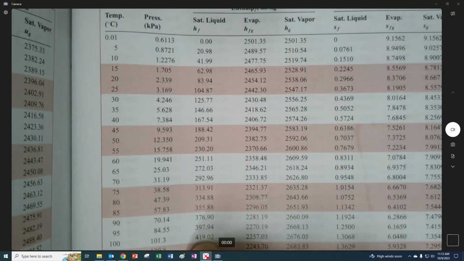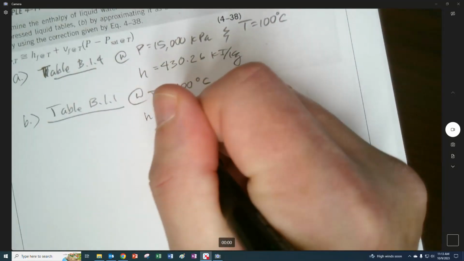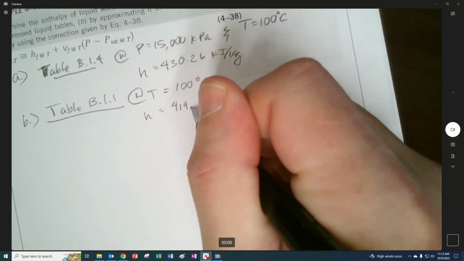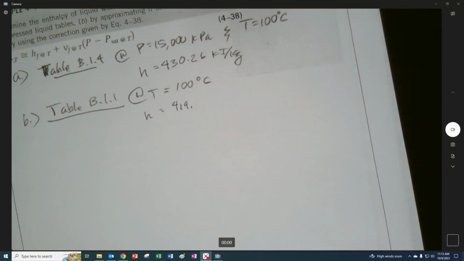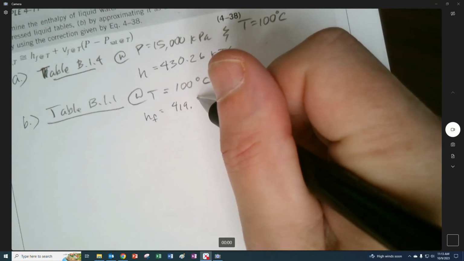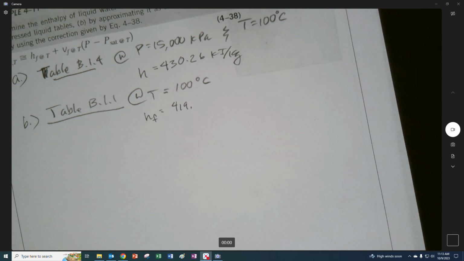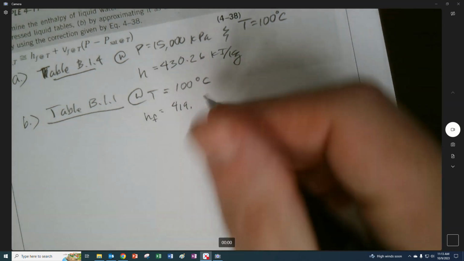So we get 419.02. Let's write that down. h is 419.02. That's h_f, by the way. My short attention span just forgot what it was. 419.02.